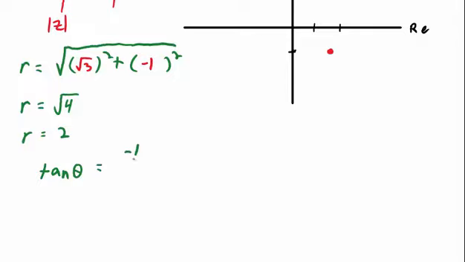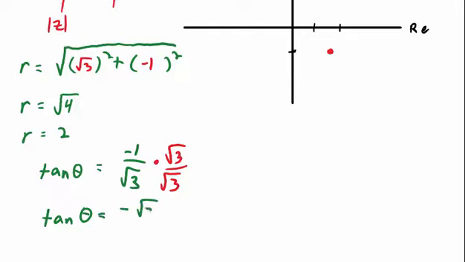Okay, negative 1 over root 3. What should we do to this guy so we recognize it as a special number? Rationalize it. Multiply by root 3 over root 3. And so what does that give you? Tangent theta equals negative root 3 over 3, right?